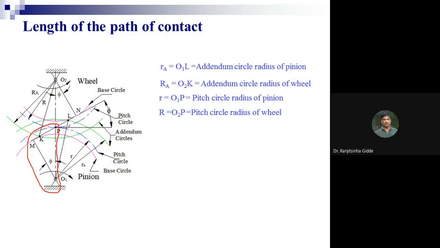Just by trigonometric rules, if this is the phi, this one is 90 minus phi, this is 90, you will get this unknown as phi. In the same way, this unknown as phi.